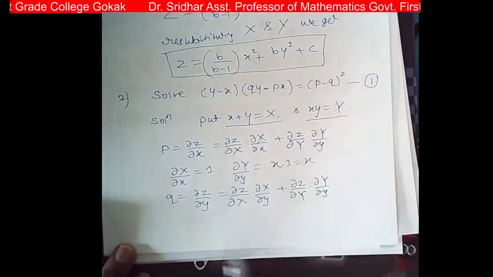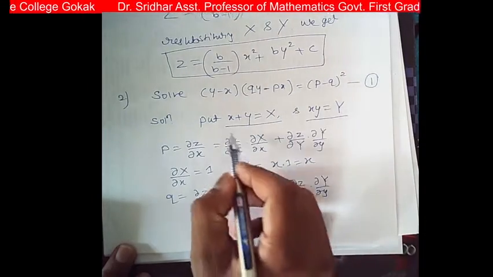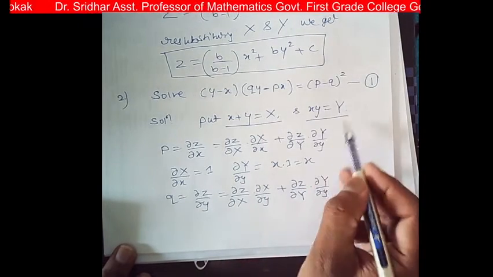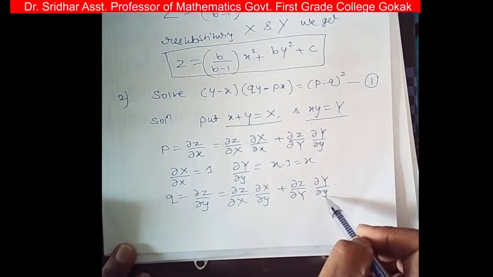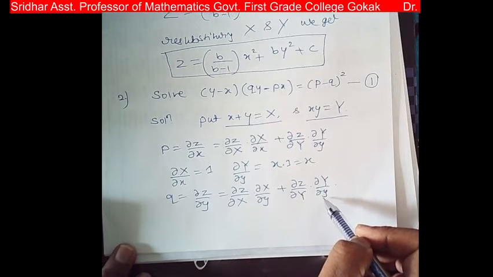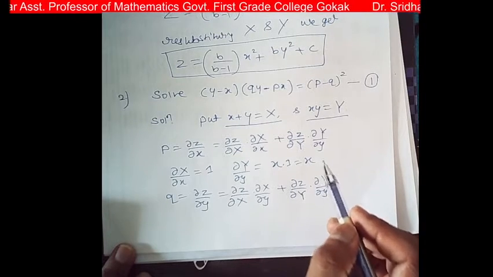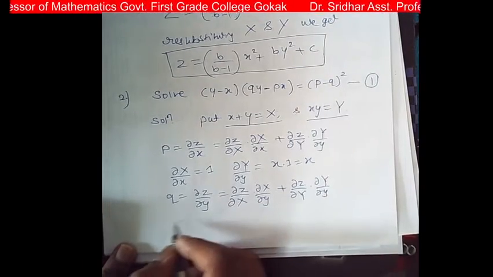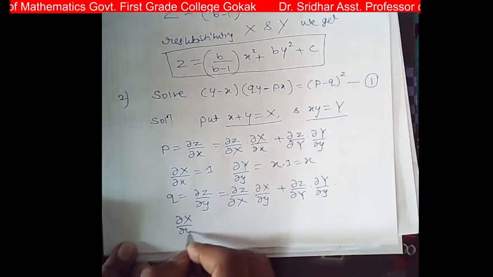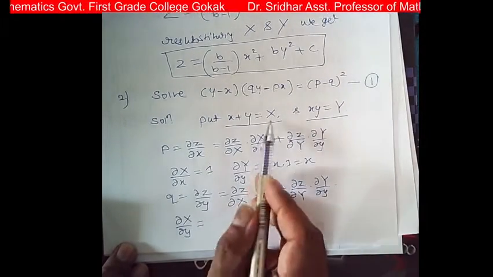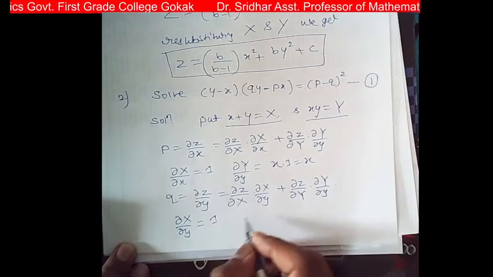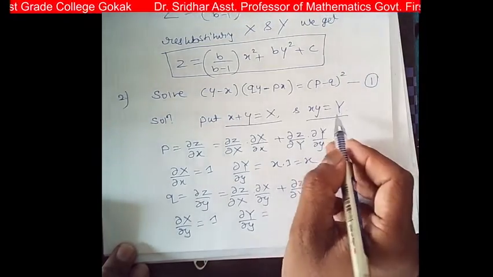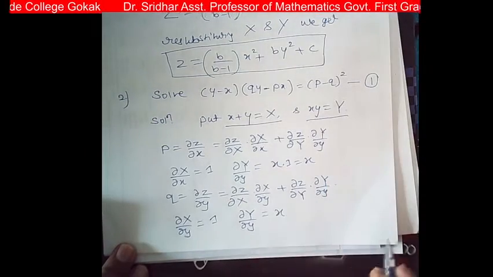So up till now, again take this equation, differentiate this with respect to small y, then take this equation, differentiate this with respect to small y, and then you determine all these things. So ∂X/∂y is again 1. Then ∂Y/∂y, take this one, with respect to y means again it is 1.